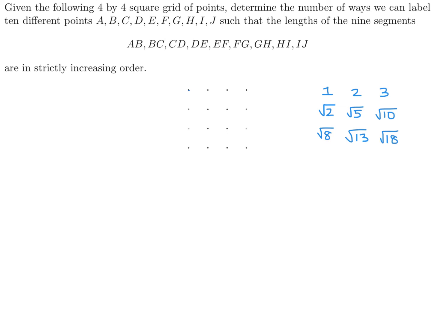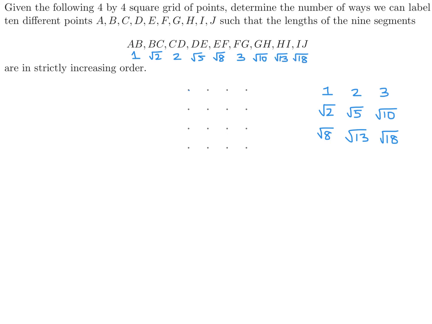Okay, so I've got to put them in order because this is an increasing order, from smallest to largest. So that would mean this is 1, root 2, 2, root 5, root 8, 3, root 10, root 13, and then finally root 18.